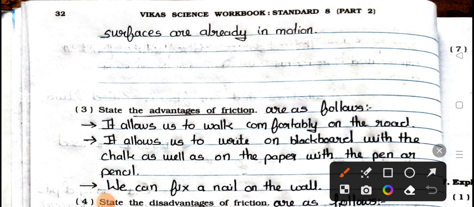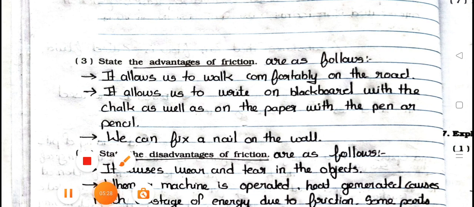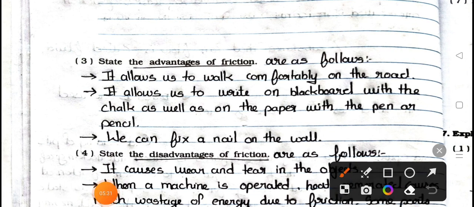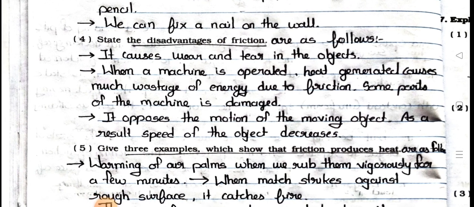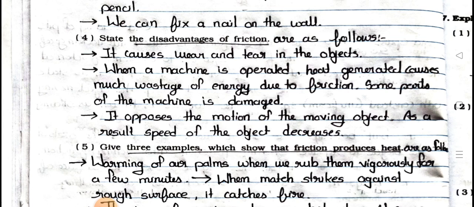See the question number 3. State the advantages of friction. Answer is the advantages of friction are as follows. It allows us to walk comfortably on the road. It allows us to write on blackboard with the chalk as well as on the paper with the pen or pencil. We can fix a nail on the wall. See the question number 4. State the disadvantages of friction.